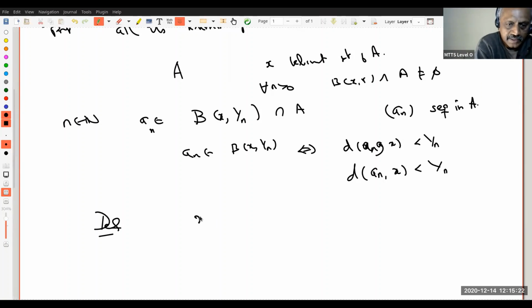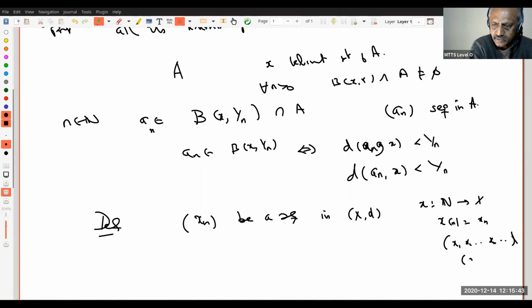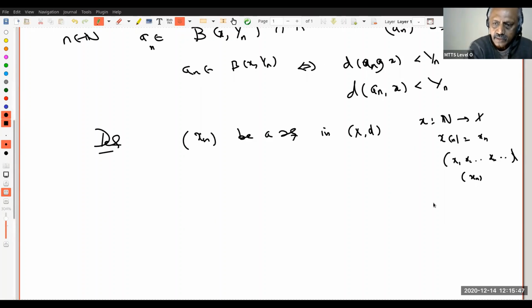So let (x_n) be a sequence in a metric space X. I am sure all of you know what is meant by a sequence. I already defined it: it's a function from the natural numbers to the set X, and x at n we denote by x_n, and call it an infinite tuple x_1, x_2, ..., x_n, and so on. I denote this infinite tuple by (x_n). This is in conformity with a finite ordered n-tuple.